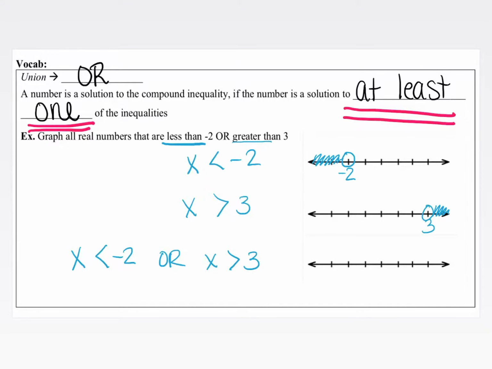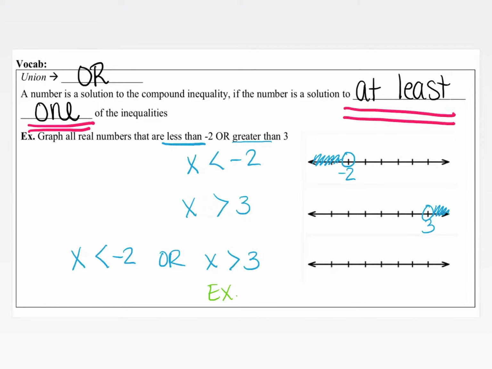Well, we have so many options for numbers that are less than -2. -1, -2.5, -10, on and on and on. We also have a number of answers that fall under x is greater than 3. 4, 5, 100, 10,000, etc., etc. So we just need a number that satisfies at least one of the inequalities.